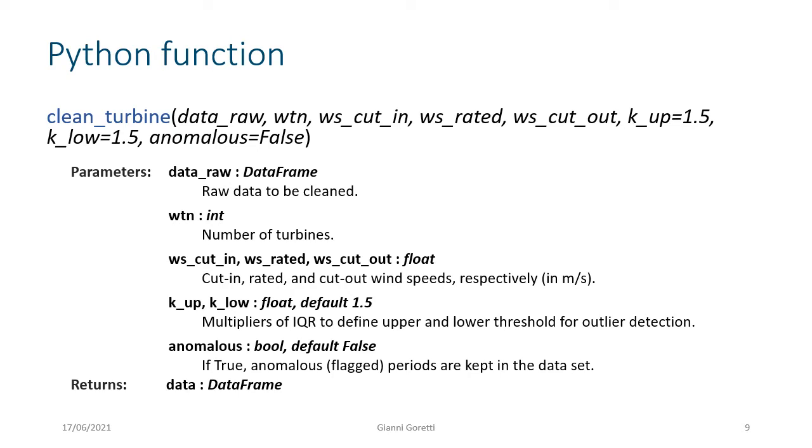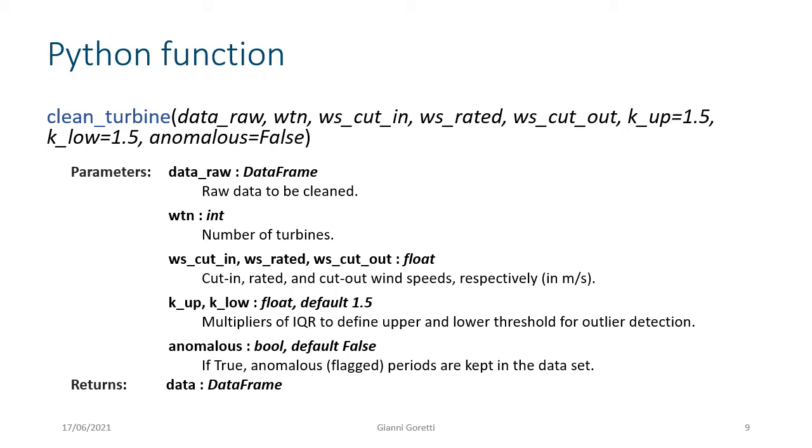then the number of turbines, WTN, the characteristic wind speeds of the turbine, so cut-in wind speed, rated wind speed, and cut-out wind speed, all expressed in meters per second. Then the multipliers k underscore up and k underscore low that will be used to define the threshold to detect outliers at the upper and lower end.